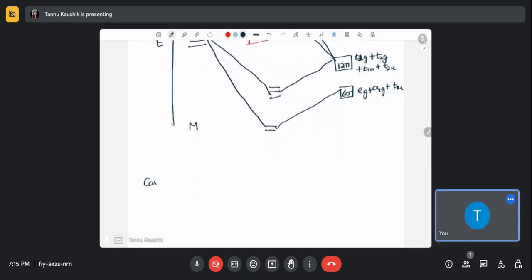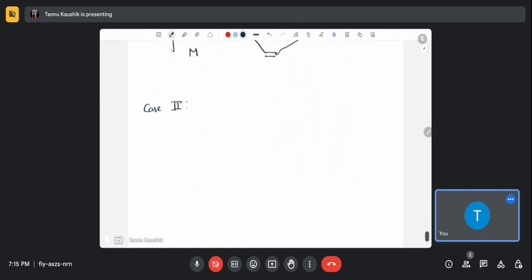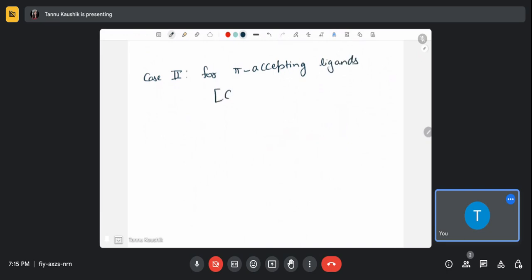So case 2, for pi accepting ligands, which use their pi star orbitals to accept electrons from the metal.